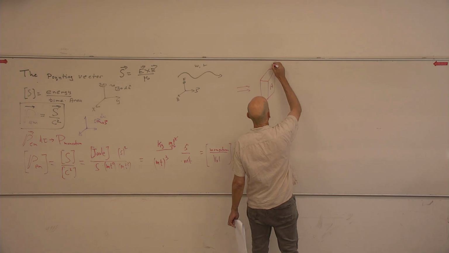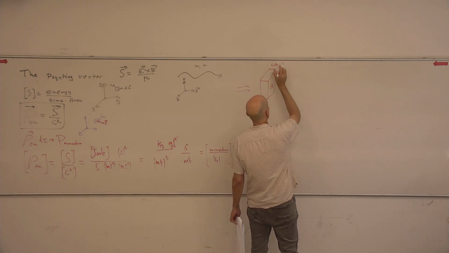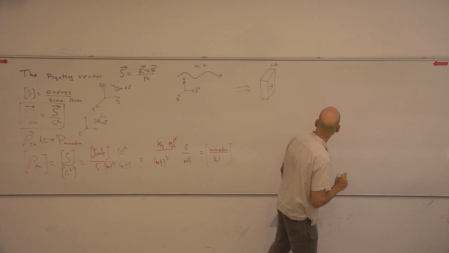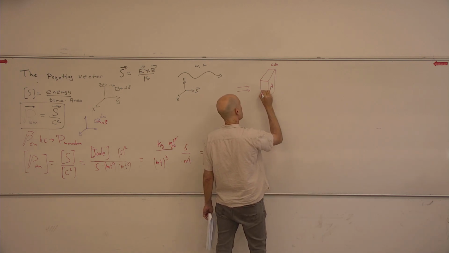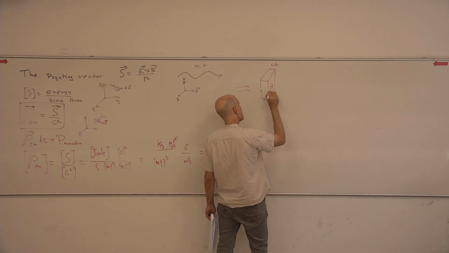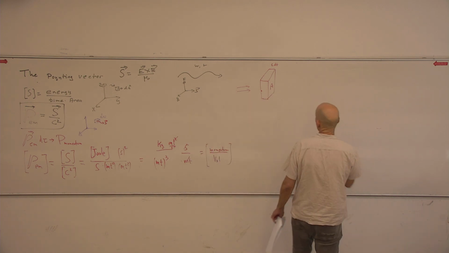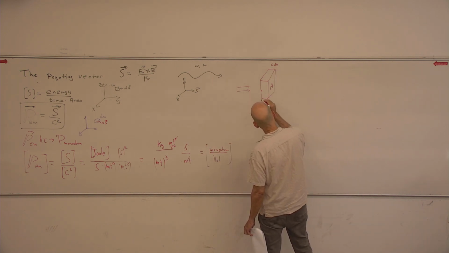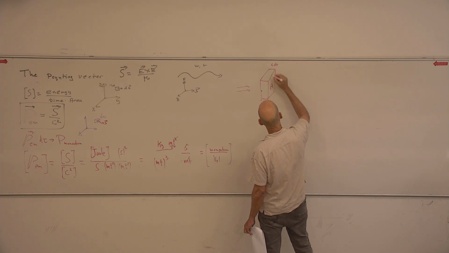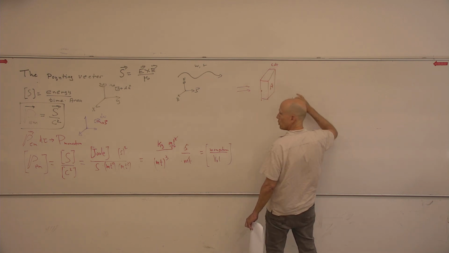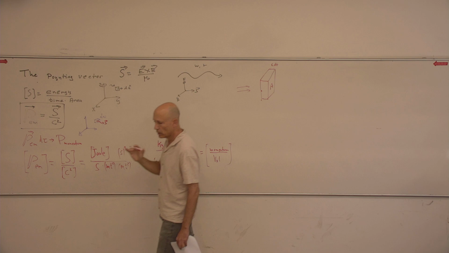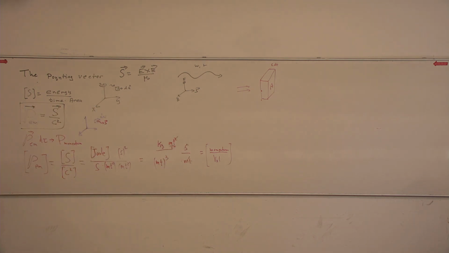So we have here c dt. What is c dt? If I look at this time, all the photons that began this distance away, with velocity c, will cross this area A. So we have something that is going through this A.